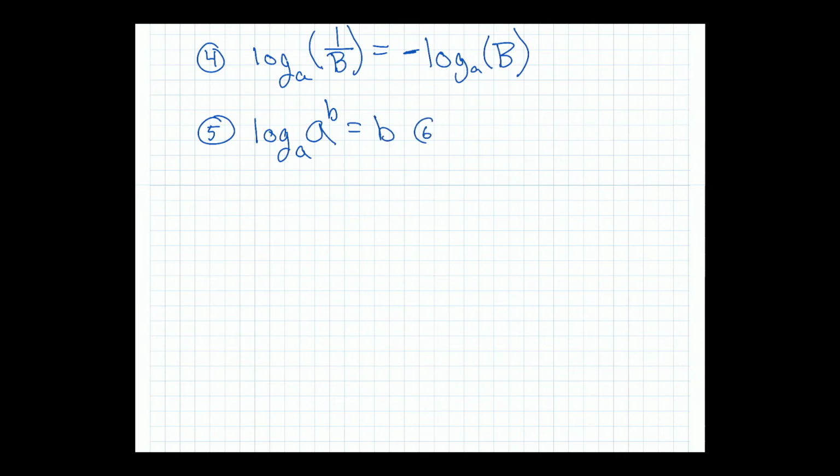Also, if you have a to the log base a of b, that's just b as well. And so those last two can help you evaluate statements that have logarithms in them, basically.